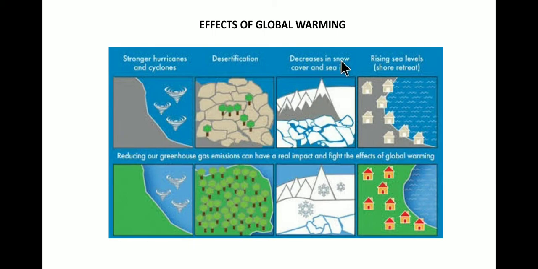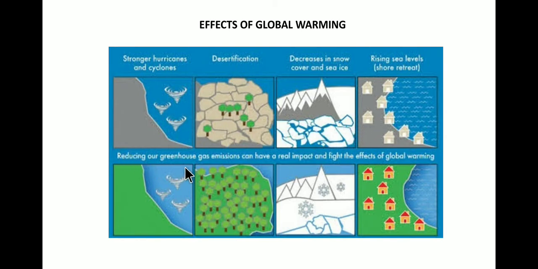All this ice and these glaciers will melt, and because of that there will be a rise in the sea level. So you can see over here the sea level is rising, and it reaches the human inhabitants. Okay, so because of global warming, these are the effects that you will see.